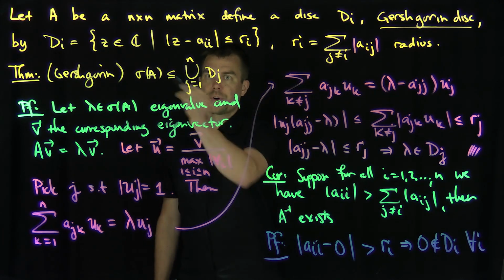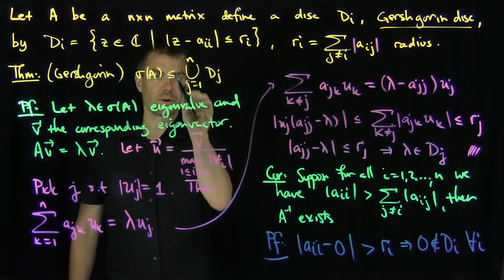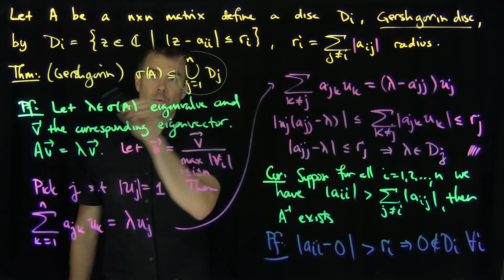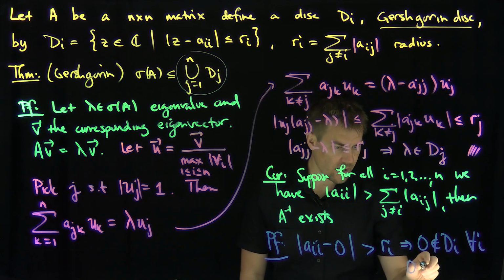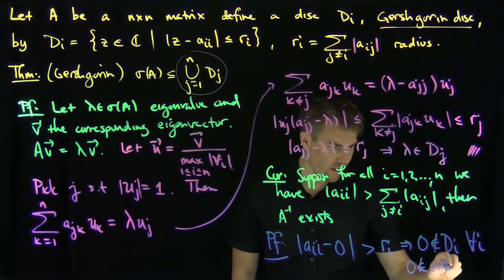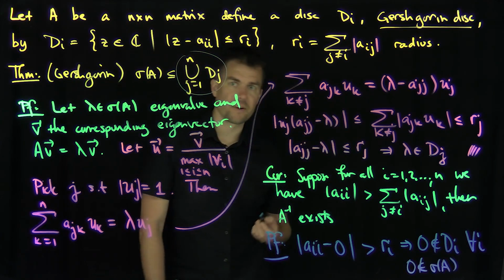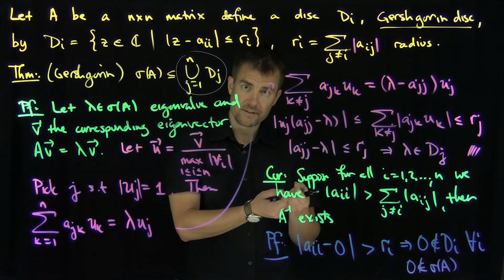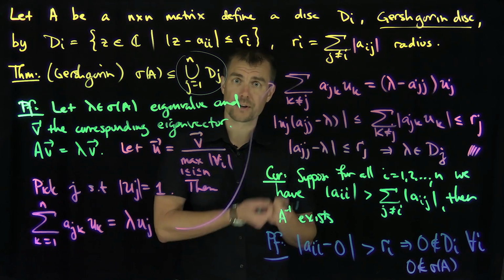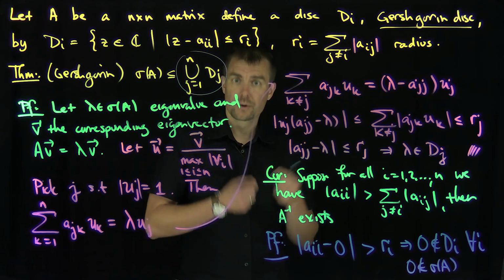So you're in the complement of these disks, which means 0 is in the complement of the spectrum. So 0 is not in the spectrum of A, and of course if you're not in the spectrum of A, that means A is invertible. These matrices are called diagonally dominant, and so diagonally dominant matrices are invertible, and that follows from this Gershgorin Circle Theorem.